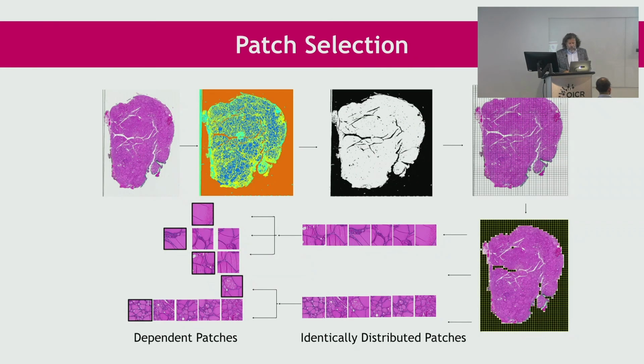And then you do your patch selection, you go through some sort of classical segmentation, you impose a grid on the image, you break it down in patches, and then you select the dependent patches, the patches that mean something. So you have to recognize redundancy, you have to recognize variability. And then you say, okay, it seems this pattern is repetitive. So whatever is everywhere probably is benign.